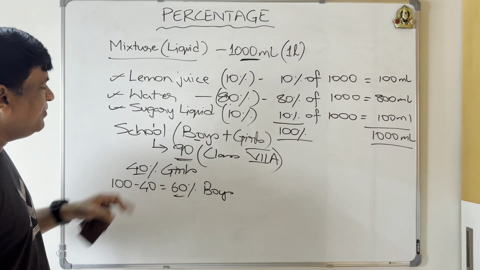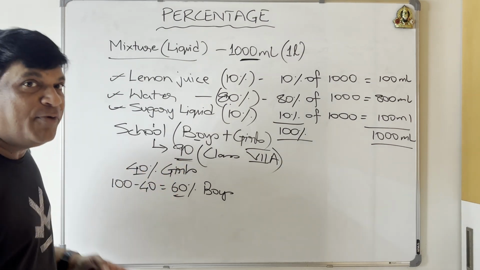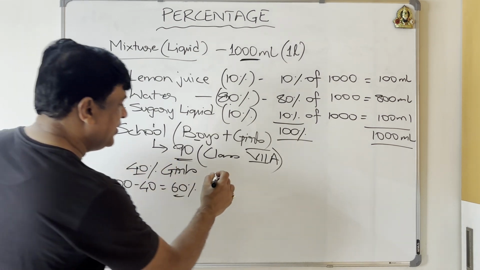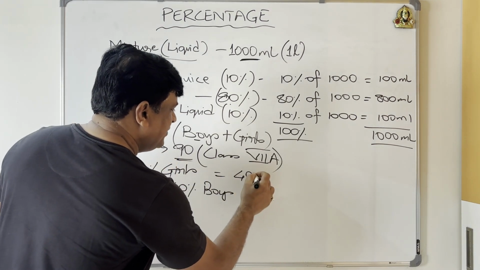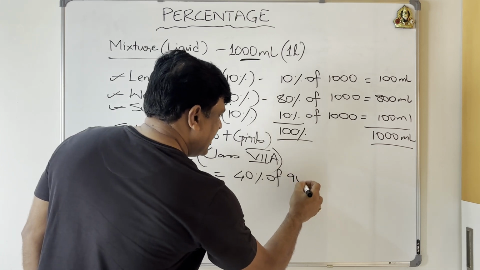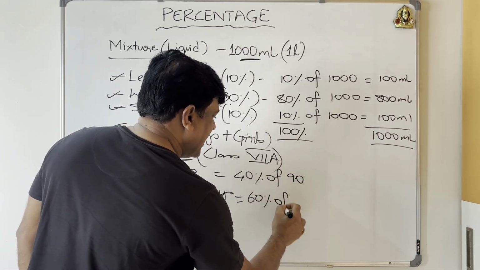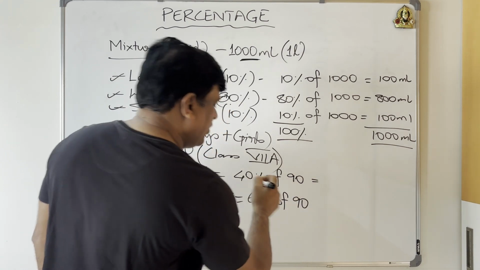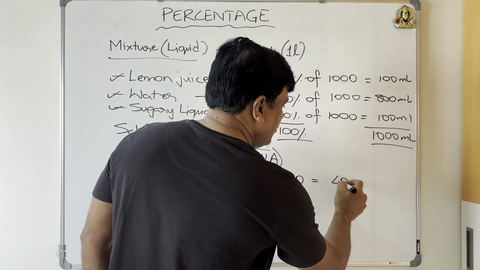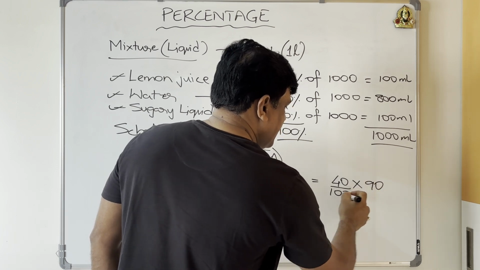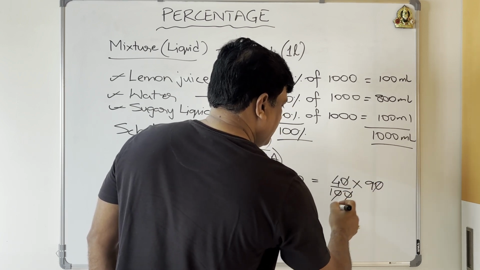Now you have the percentages. Can you calculate the number of boys and number of girls in the class? Yes, I can do it. It's 40% of 90 and this will be 60% of 90. So 40% of 90, what do you need to do? 40 divided by 100 into 90, right? 10, 10, 10, 10 goes.